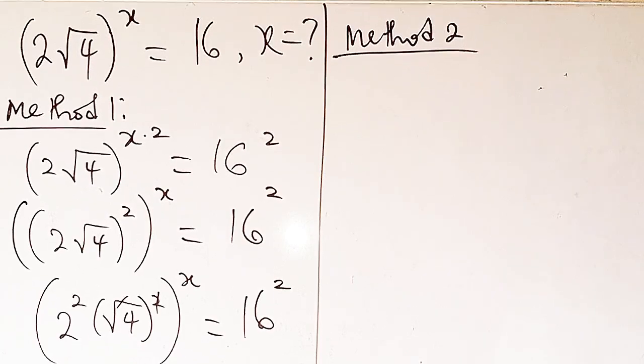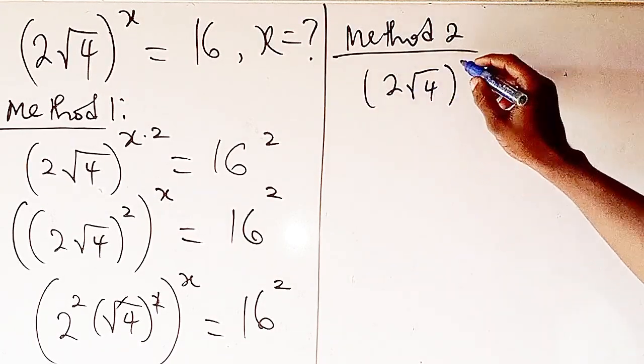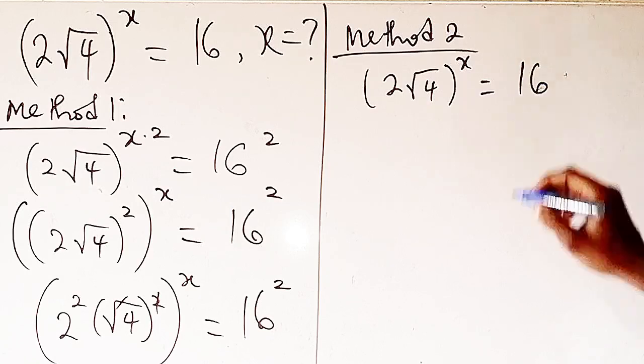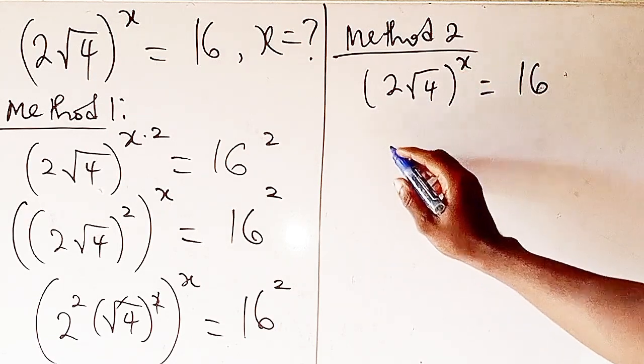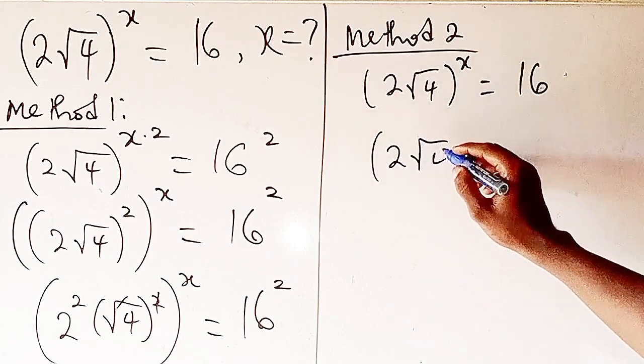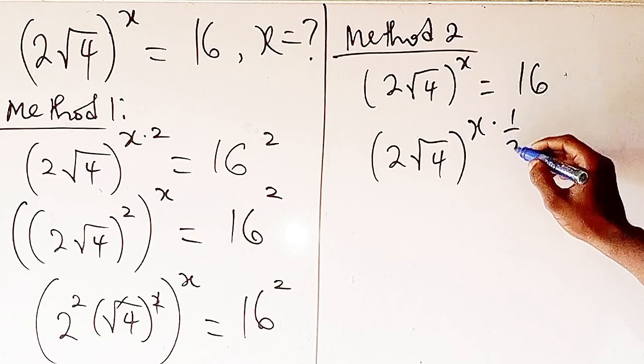For method 2, okay, let me rewrite the equation: 2 root 4 to the power of x equals 16. Now, I can rewrite this equation like this. I have x there. What if I multiply it by 1 over x?